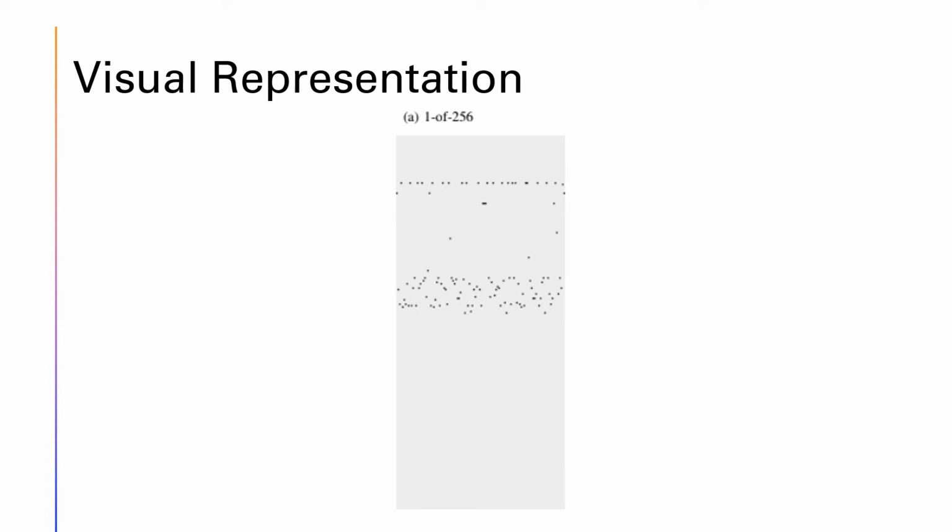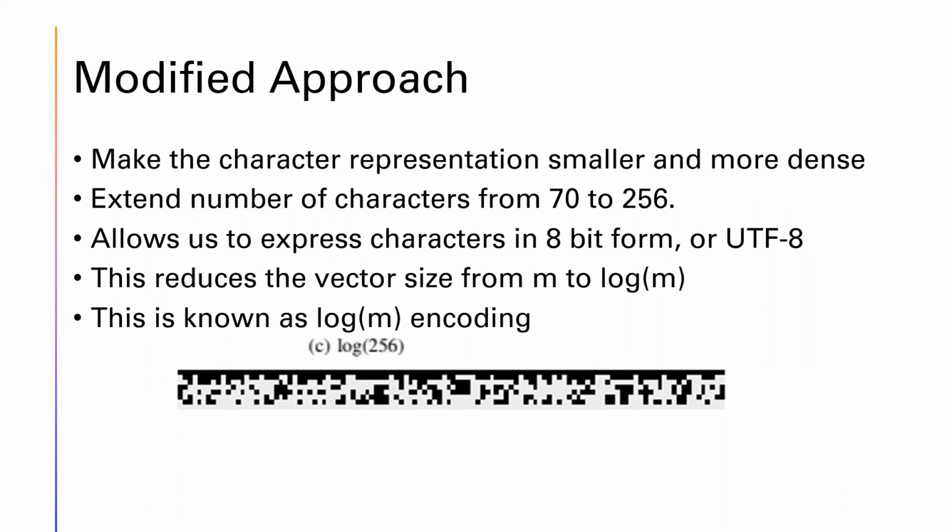Now, the modified approach is built upon this. They basically used Zhang and LeCun as a building block and made it even better by making the character representation smaller and more dense.